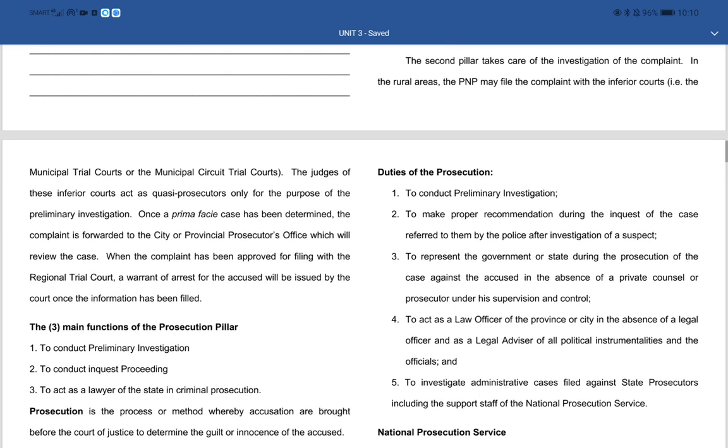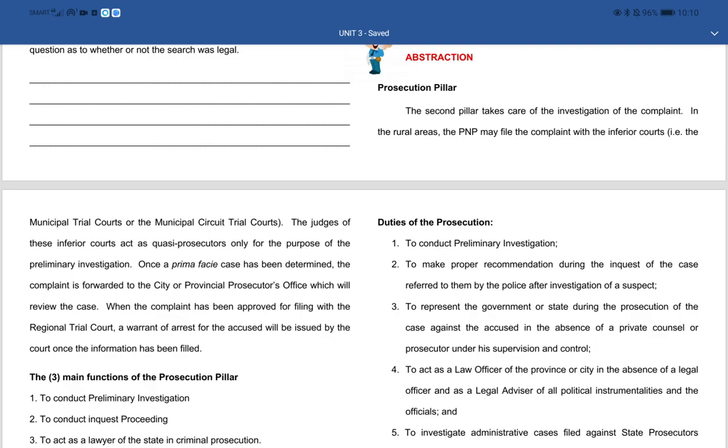So who are the people behind this prosecution pillar? One of these is the provincial prosecutor, the city prosecutor. As I've said before, the prosecutor will determine the probable cause of the specific case.